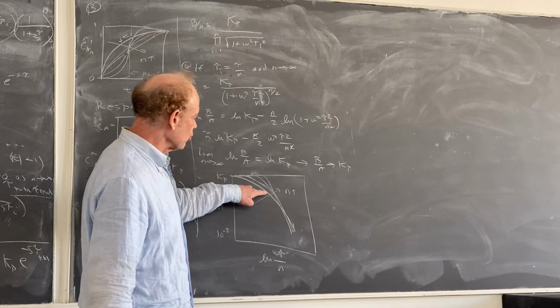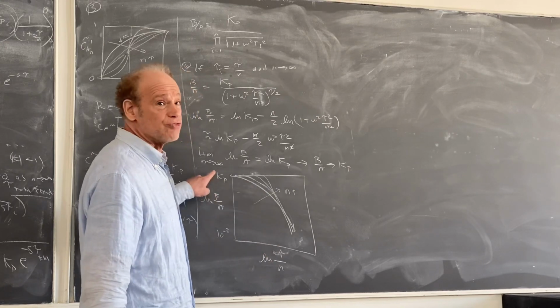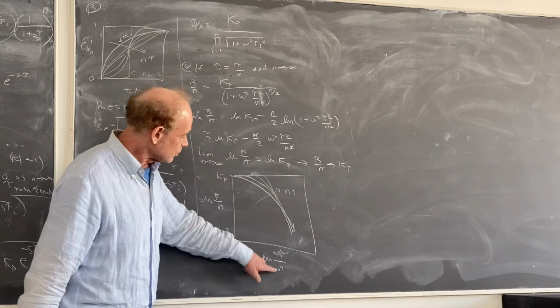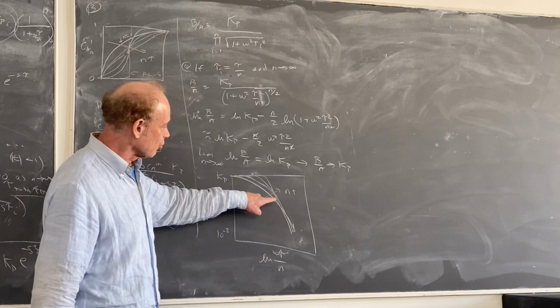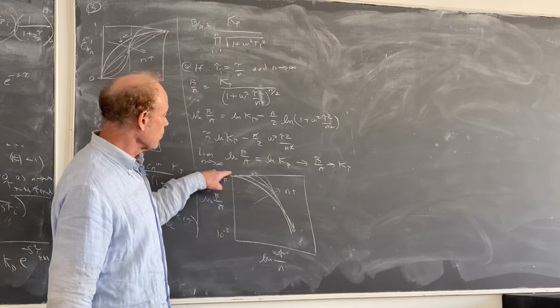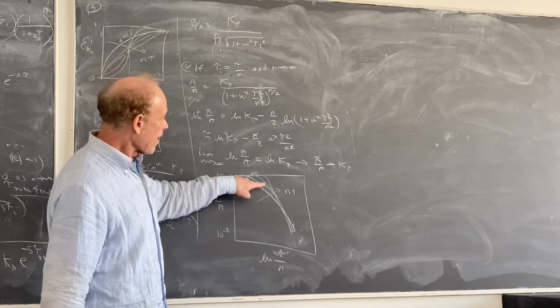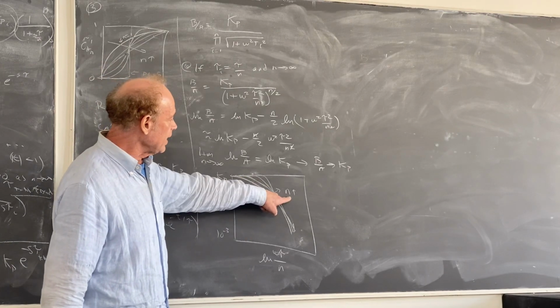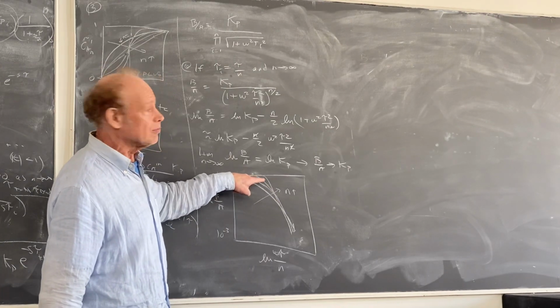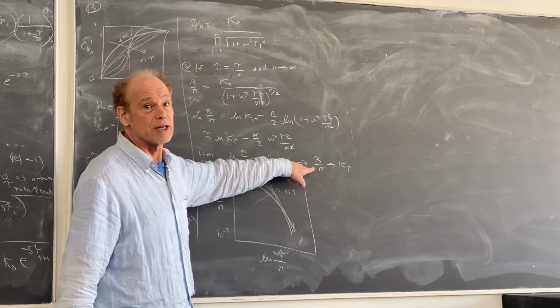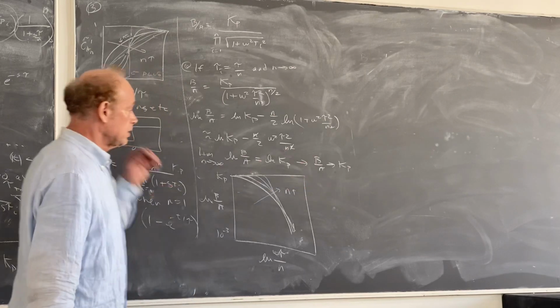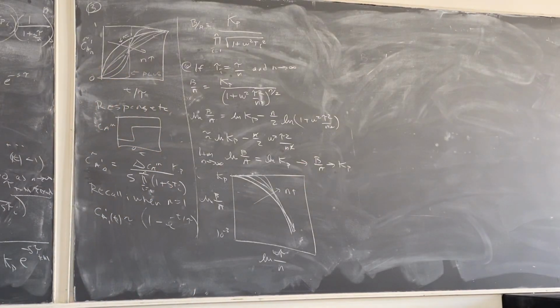So for any given curve, as n gets large, I move to the left. So I always go to Kp. And the bigger n is, the quicker I get there, because I'm closer to the limit. So that's how you sort of see what goes on.